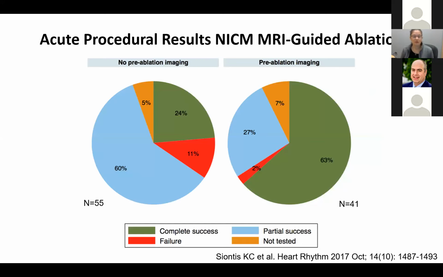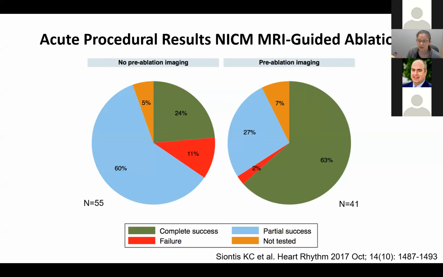So here's some further work from Dr. Bogan's group looking at MRI to guide your ablation. What if I don't have a needle catheter? What if I just need to figure out what to do? In this case, Dr. Bogan took a cohort of patients and performed pre-procedure MRI imaging to identify scar substrate.